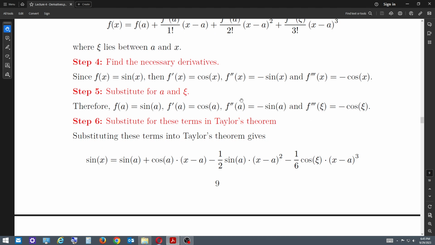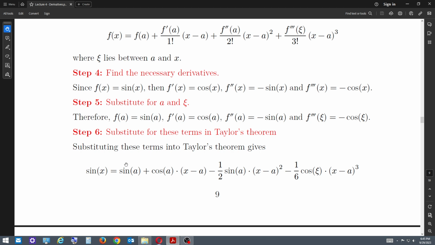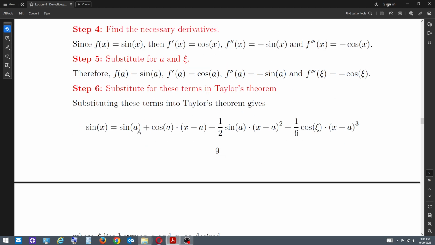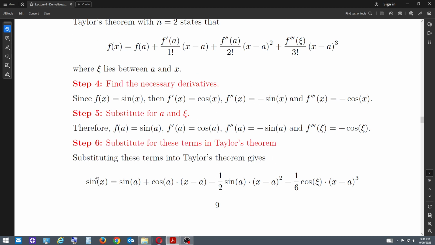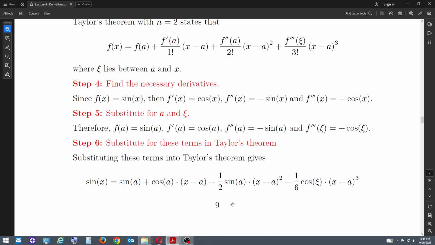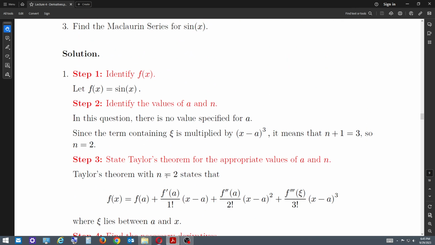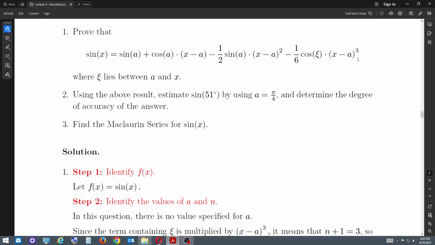And then we take these and substitute them into Taylor's theorem. That gives us this equation here. We can simplify it. Well, actually, this is after you've simplified it. So this is the equation we wanted to prove, and again, ξ lies between a and x. That's the first part of the question. The first part is always going to be pretty straightforward. You simply follow these steps to use Taylor's theorem to prove the equation given.